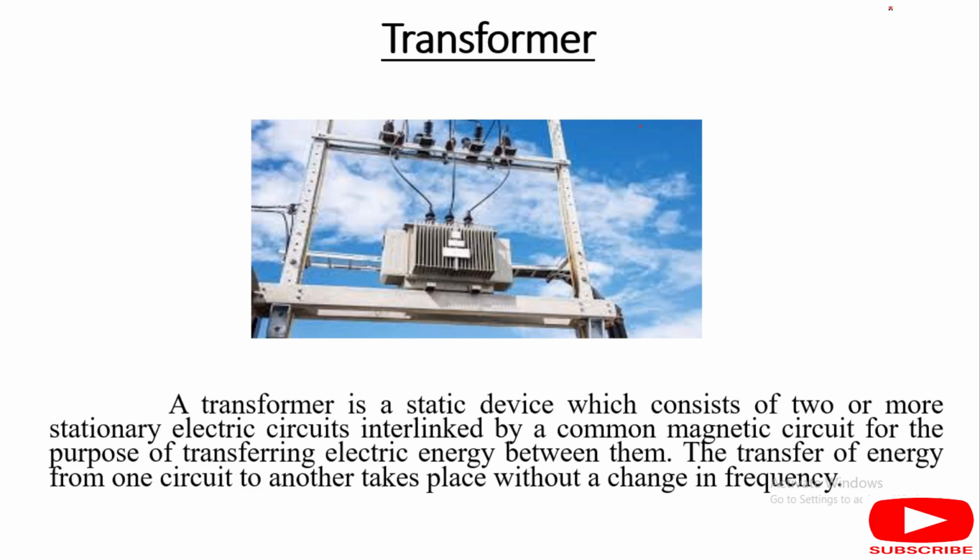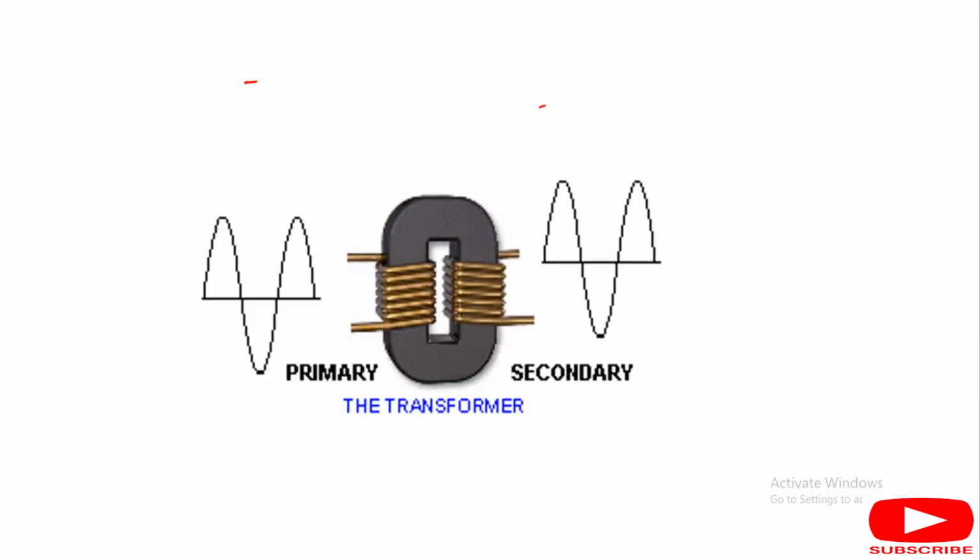So let us start with today's topic, that is transformer. This is the overview of a transformer. A transformer is nothing but a static device with which we can convert one level of voltage to another level of voltage. Let me explain how it works. This transformer is used to step up and step down the voltages.